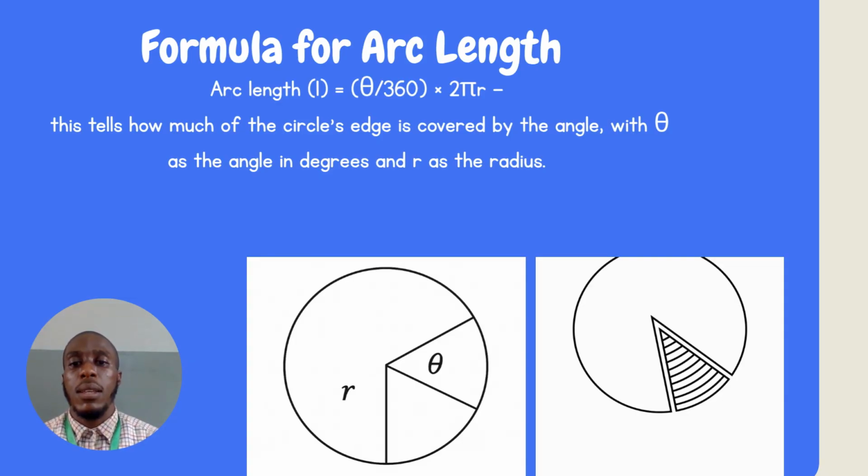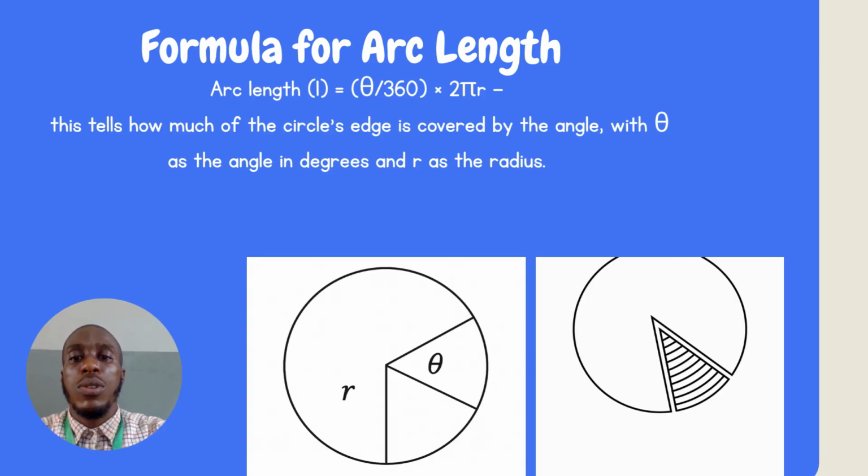Theta is the symbol for an angle. An angle will be given in the circle, bound between two radii. It always forms an angle. Whichever angle is given is divided by 360 and multiplied by 2 times pi, which could be 22 over 7 or 3.142 or 3.1 as given in the question, and then times r, which is the radius.